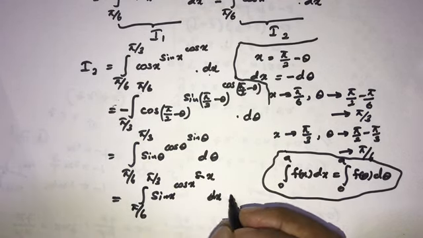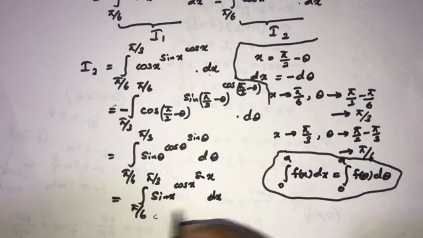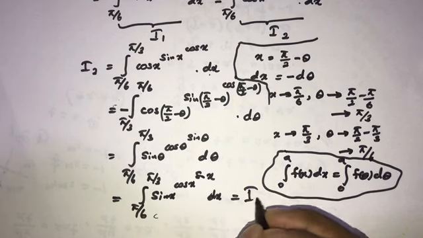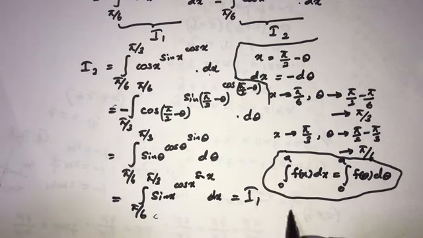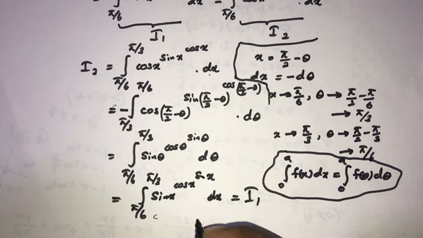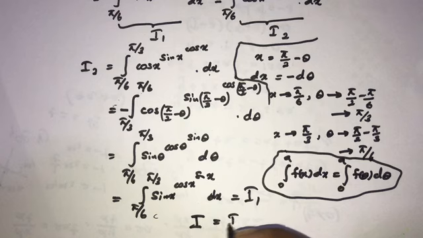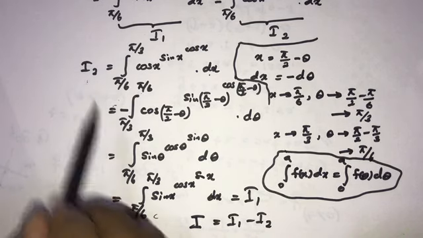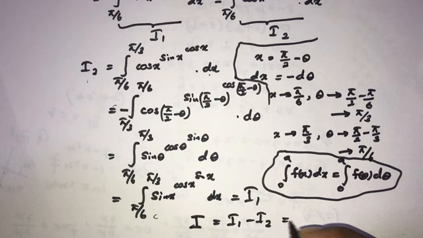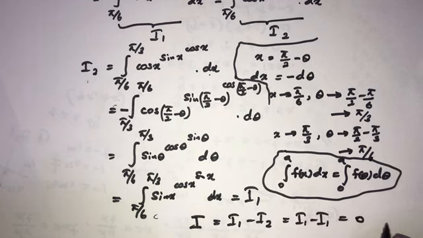Okay, now this is equal to I1. Now we can write I is equal to I1 minus I2, but now I2 is equal to I1. So I1 minus I1, so this is equal to 0. Okay, this is the answer.